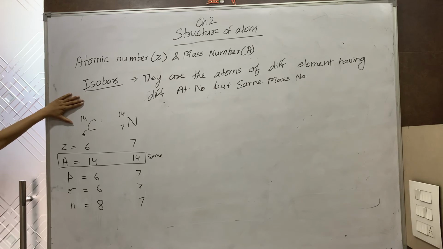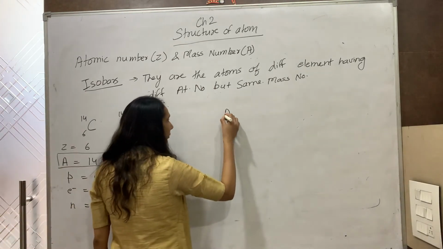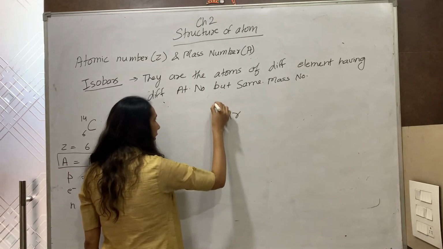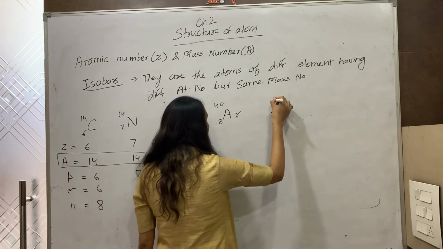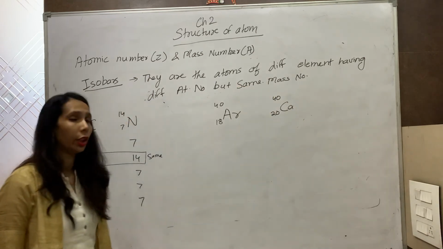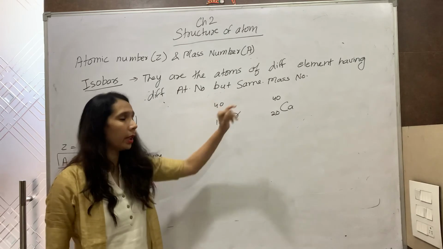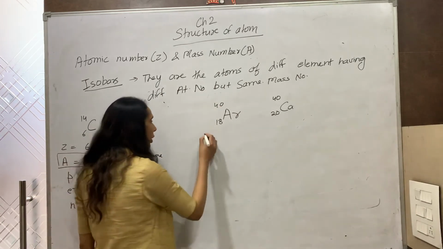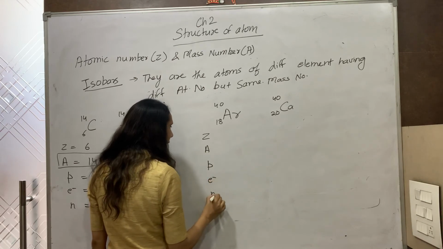Let us take one more example of isobars. Argon 18, 40. Calcium 20, 40. You can see atomic number is different but the mass number is same. You just write down Z, A, proton, electron and neutron.